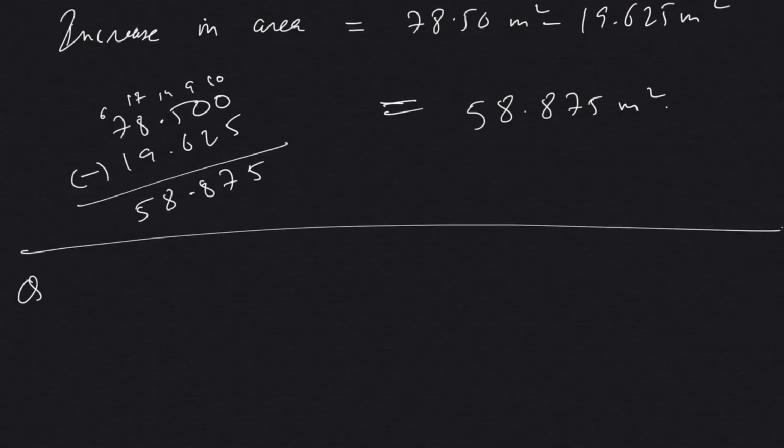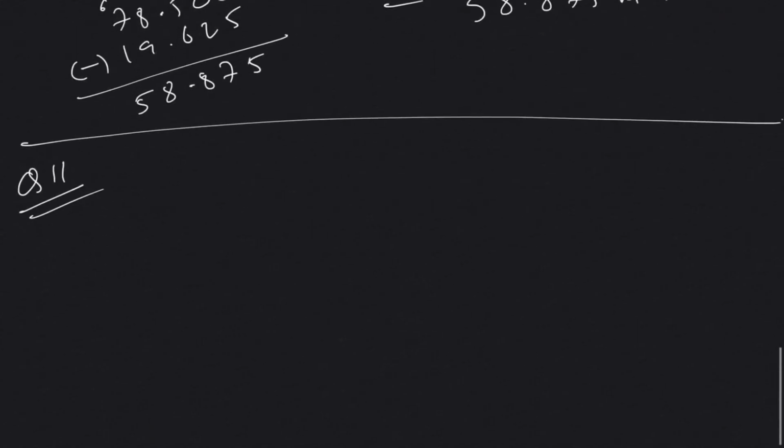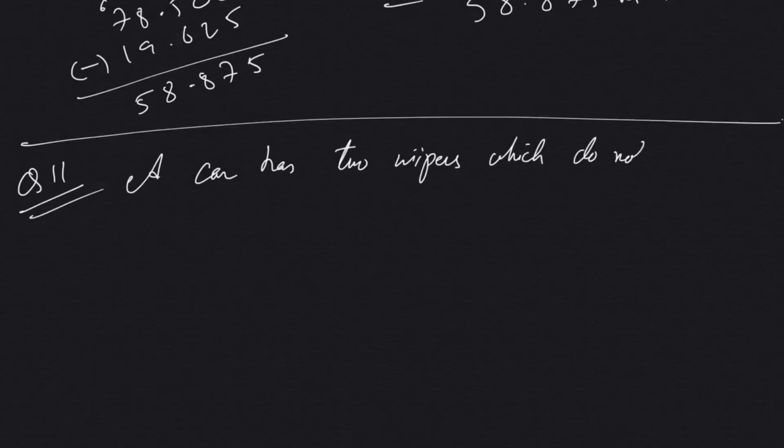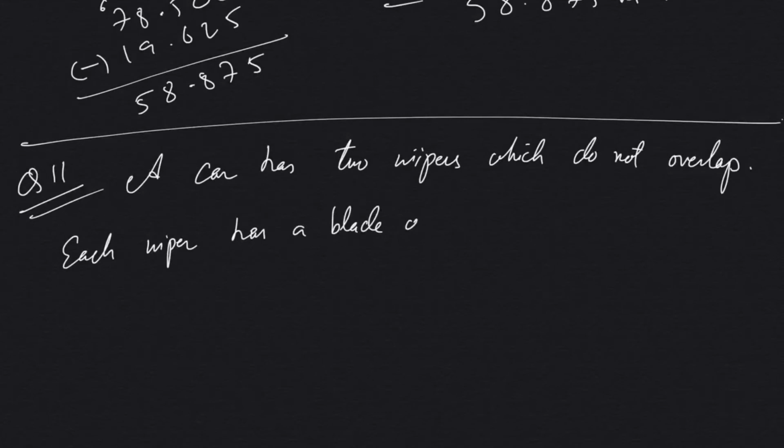Next up, let's quickly do question number 11. That is, a car has 2 wipers which do not overlap. Each wiper has a blade. I hope all of you have seen a car wiper.